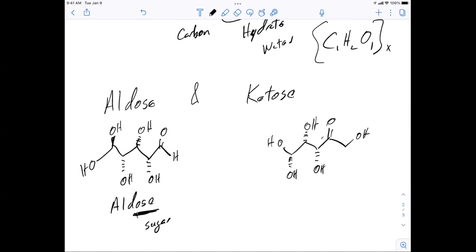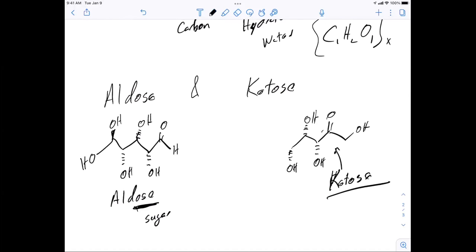And then these are going to be ketoses. And again, the OSE tells you the ketone, gives you the ketose.